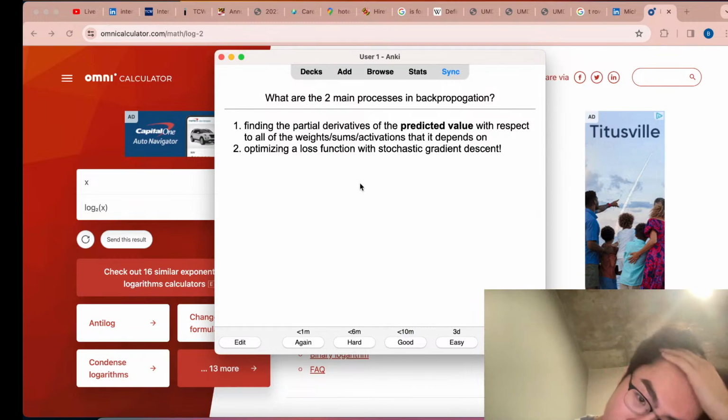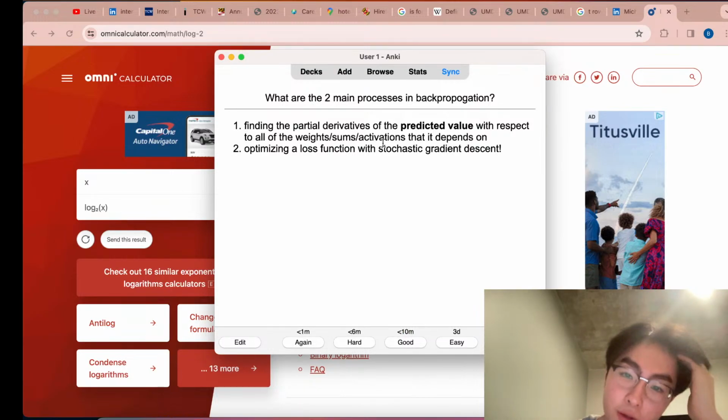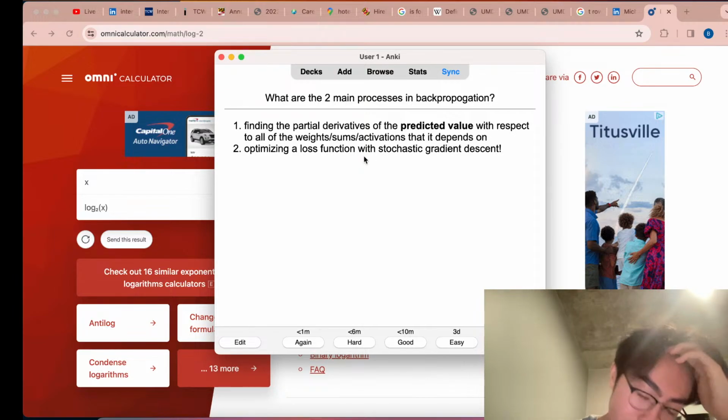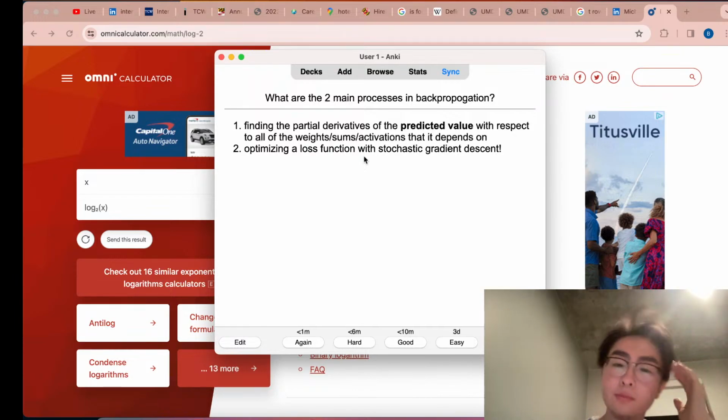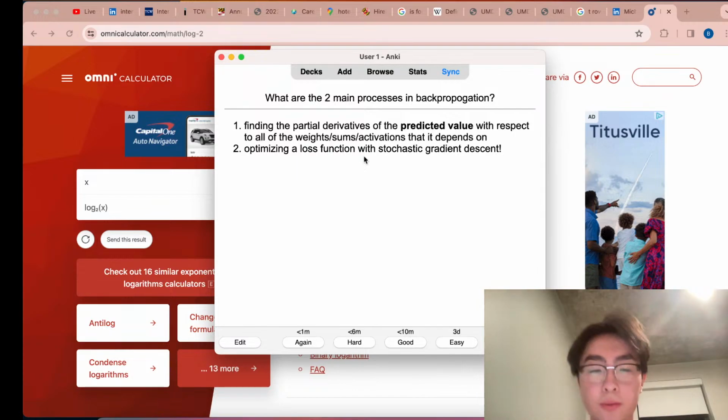What is this? Find partial derivative of the predictive value with respect to all the weights, sums, and activations. It depends on optimizing a loss function with stochastic gradient descent. Okay. Yeah, I'm remembering the quadratic loss.